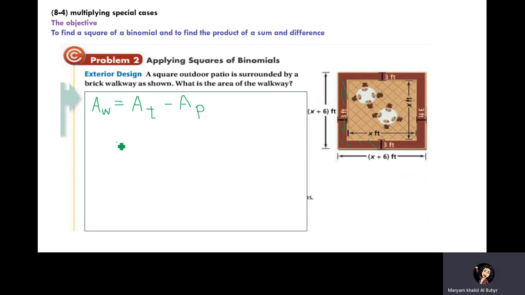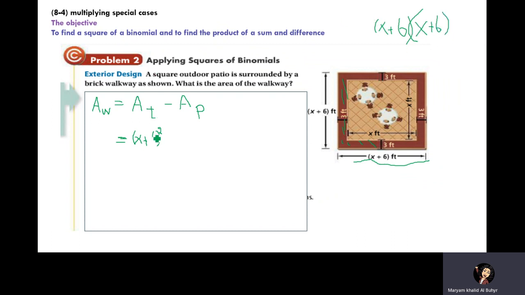I know the area for the square is given by this big square, which is side squared. I will take what I have here and square this. So that is x plus 6, all to the power 2. You can say x plus 6 times x plus 6. No problem if you say that.